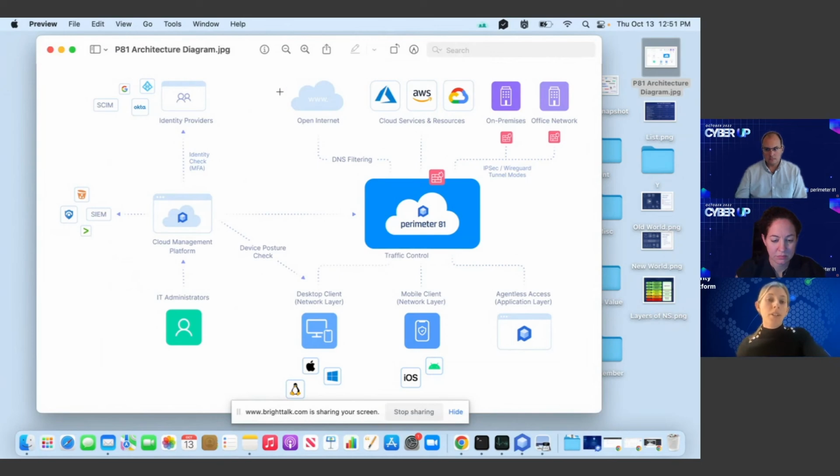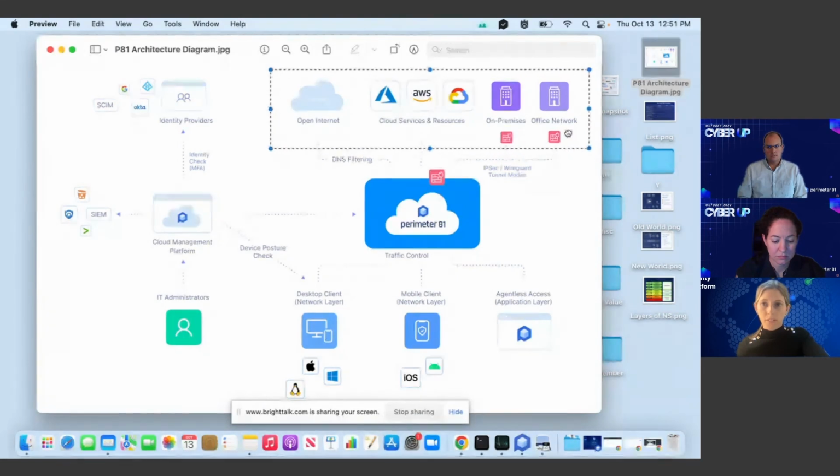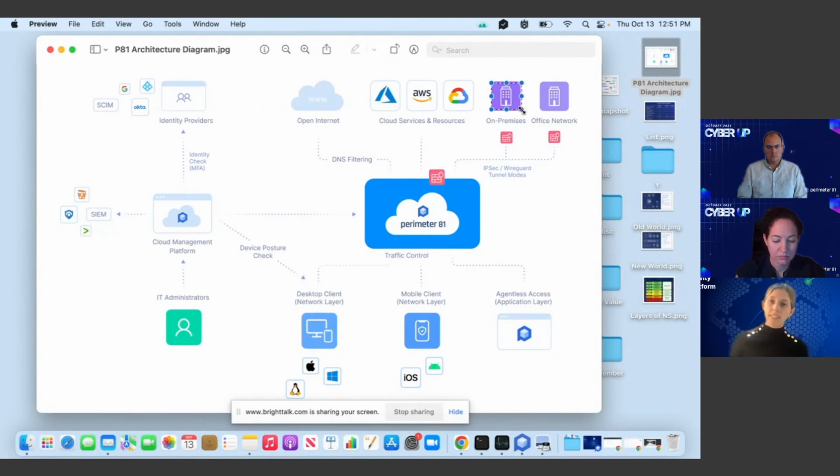So usually the goal is to take the corporate stack resources of an organization, which could be on-prem resources, right? Your sites, your data centers, offices, your cloud infrastructure, if you have any of that. So your Azures, your AWS, GCPs of the world, Oracle, any software as a service tools, and even the open web we're now considering part of the corporate stack.